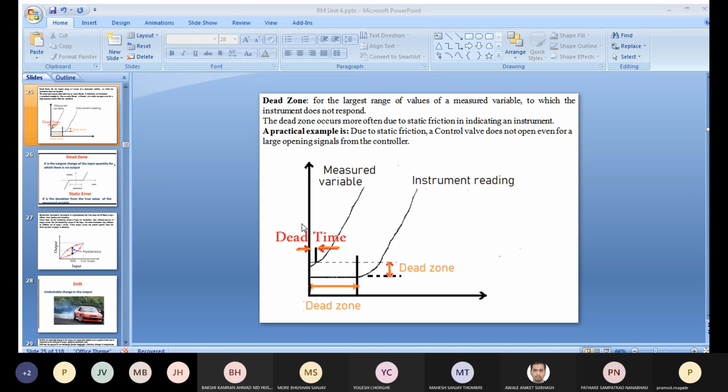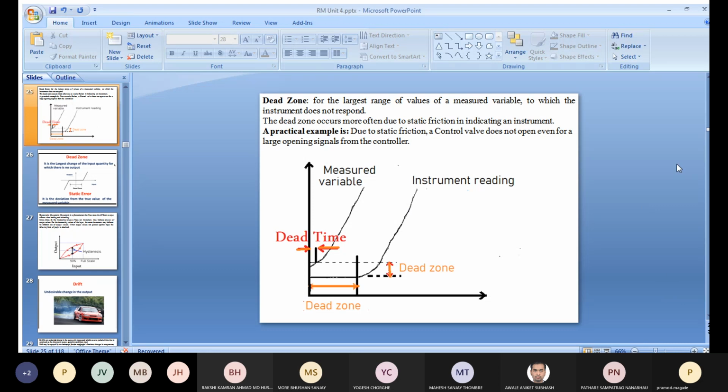Dead zone. Okay, just write down the things.